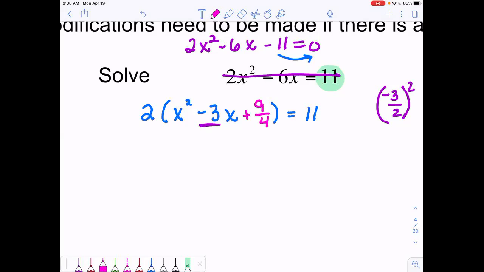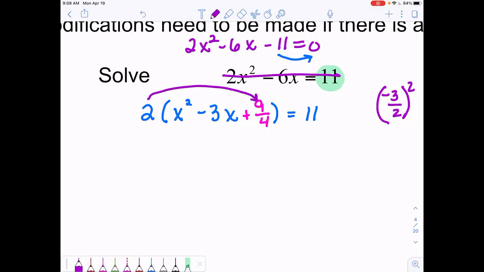Now, on the other side of the equation, remember we have to keep this equivalent. There is a 2 in front of the parentheses that we factored out. We didn't divide by the 2, we kept it in the problem and factored it out. That 2 is being multiplied by 9/4.